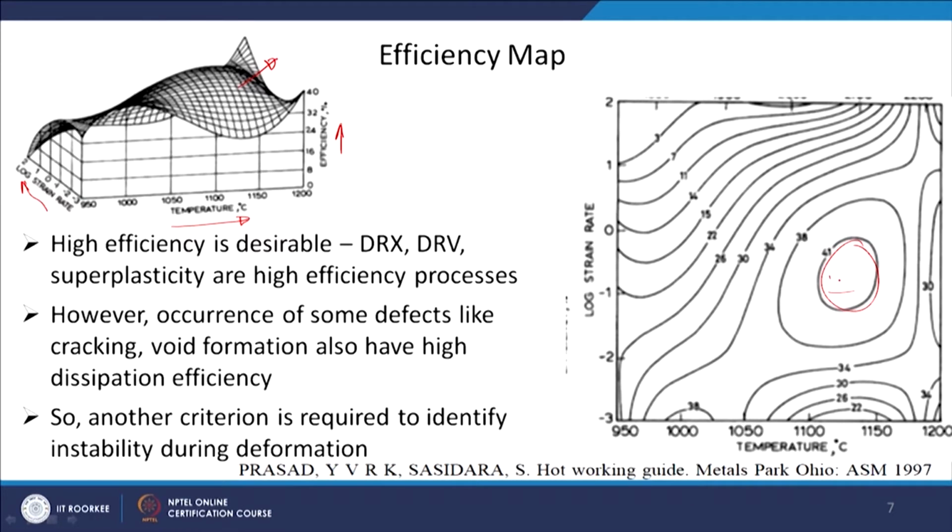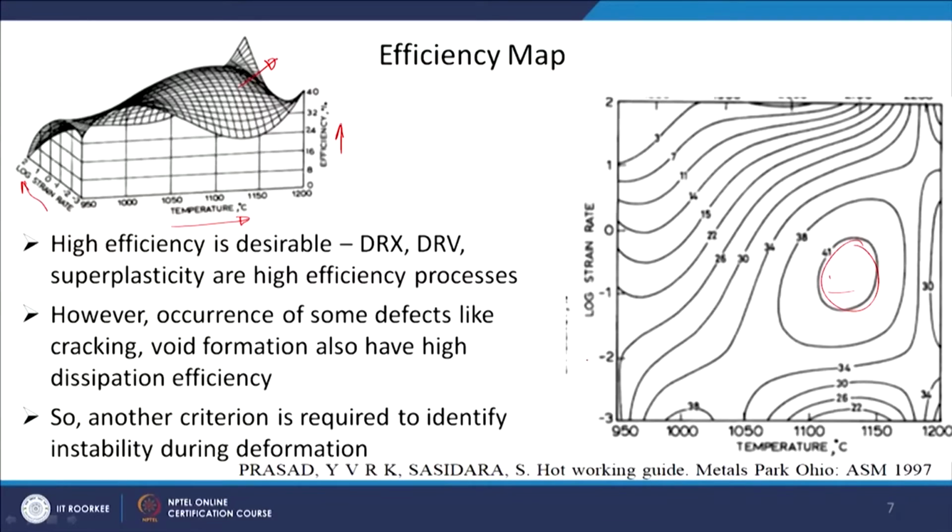Okay. So, we also need another criterion to identify instability during deformation. Okay. So, one is high efficiency, I want to know what the high efficiency regions are, and you can understand that I am doing that just by knowing the stress as a function of strain rate, strain and temperature. Okay. So, you have temperature on the x axis here and strain rate on the y axis.